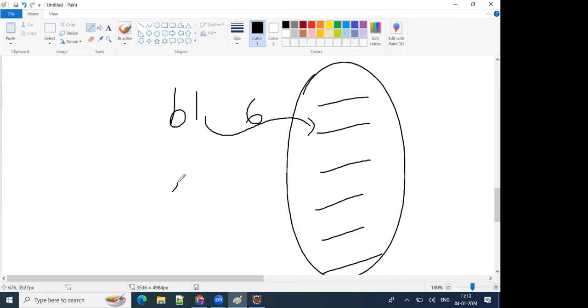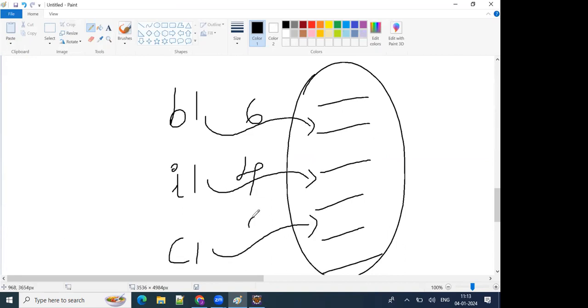If you are seeing the object using interior reference, you can see only four methods. If you are seeing through car reference, you can see only two methods. Understanding this? Object is one only. Its behavior keeps on changing.